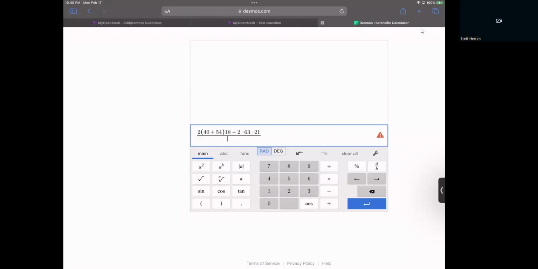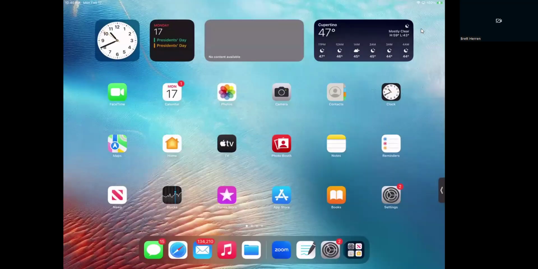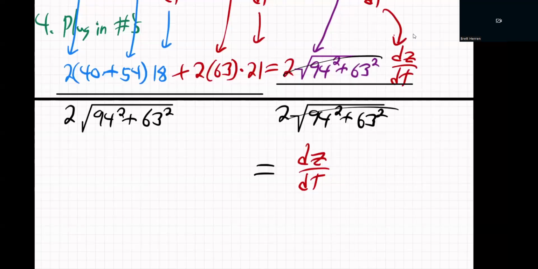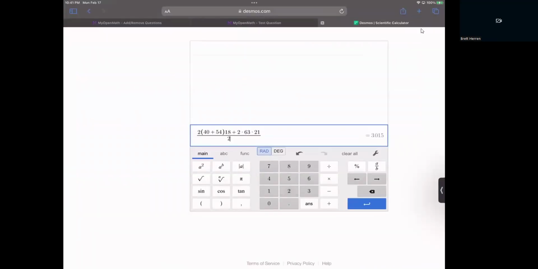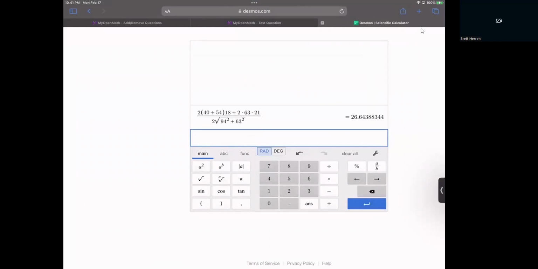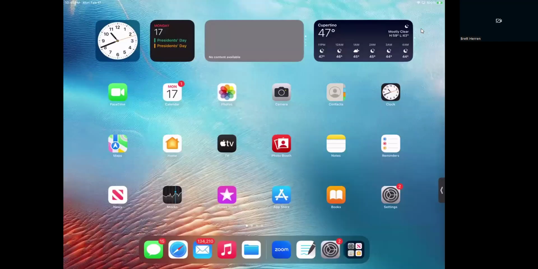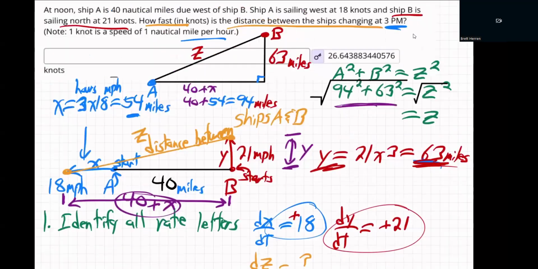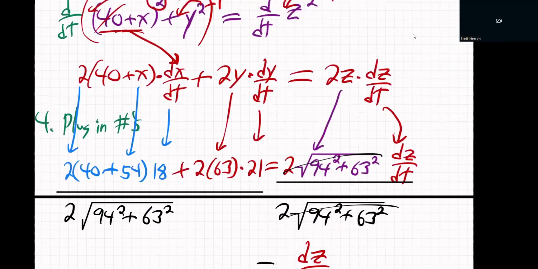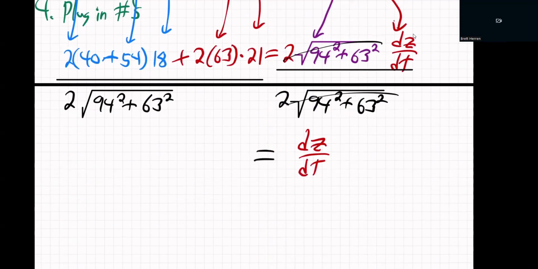Is that right? Yeah, that's right. Okay. On the bottom, 2 times the square root of 94 squared plus 63 squared. Oh, that's beautiful. On she goes. So there it is. That was a lot of work. And there we go.